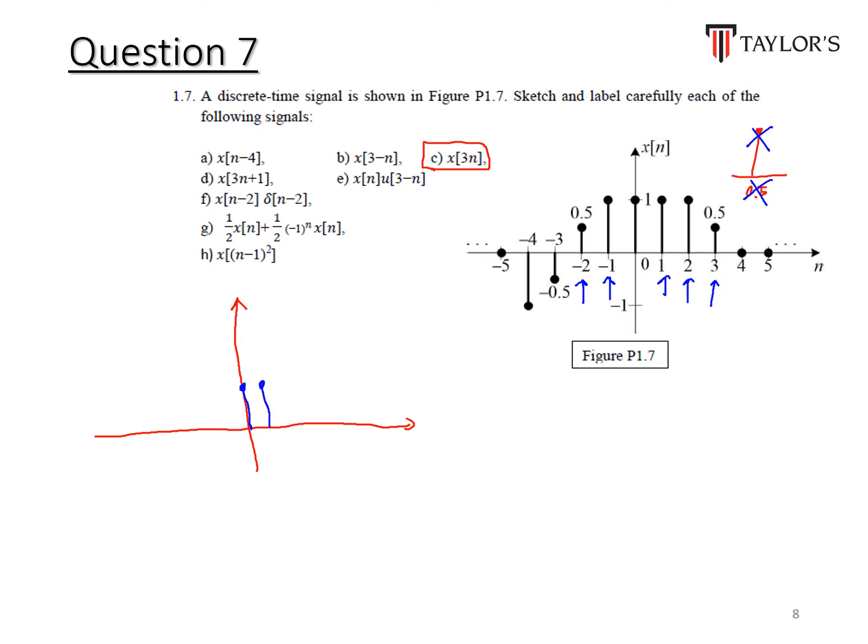All this we can just redraw, and later on we scale the time. So this actually becomes 1. 3 has become 1. And then this one is 0.5, and this one becomes -1, remember? 3, because it's shrunk by 3 times.